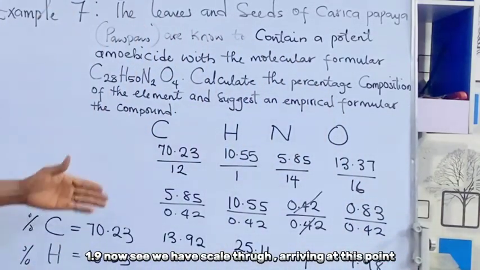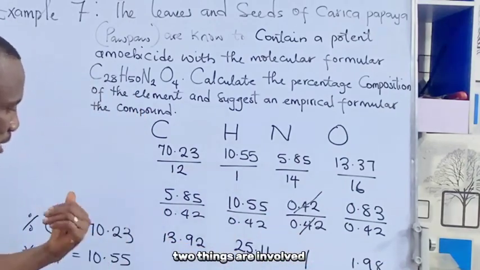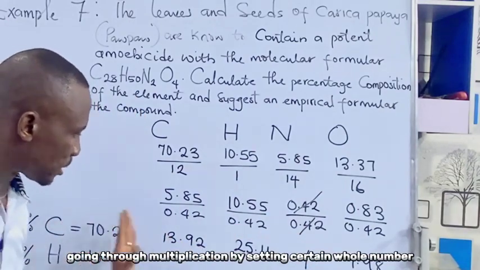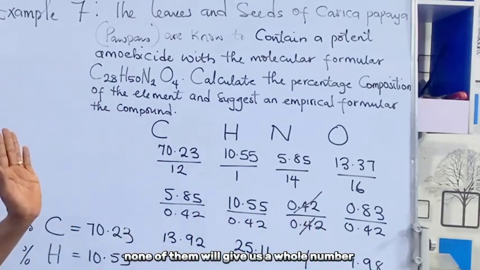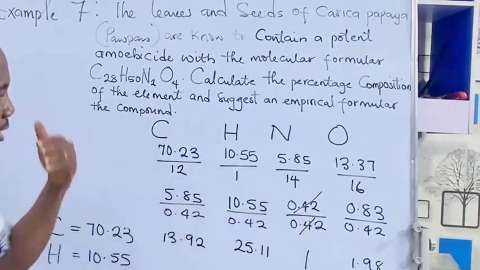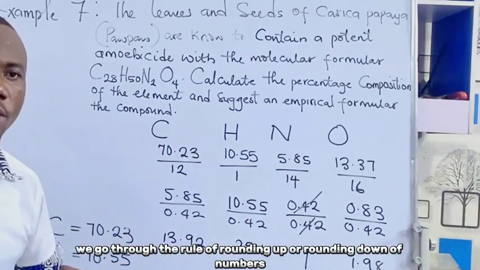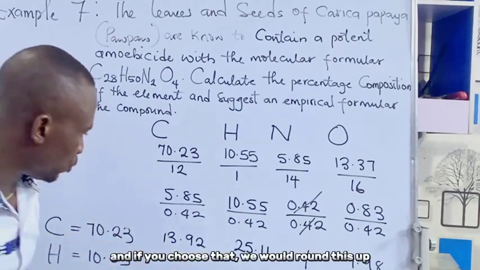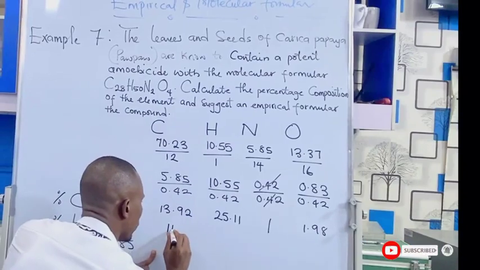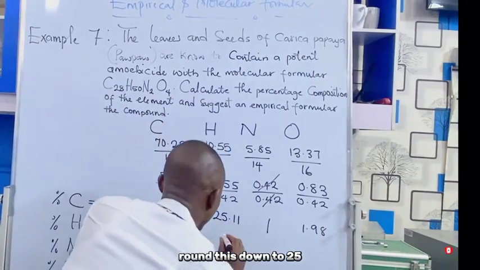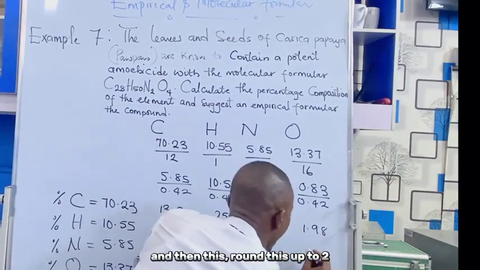Arriving at this point, two things are involved. Going through multiplication by inserting a whole number, none of them will give us a whole number. And so, in that way, we go through the rule of rounding up or rounding down of numbers. We round this up to 14, round this down to 25, and then round this up to 2.